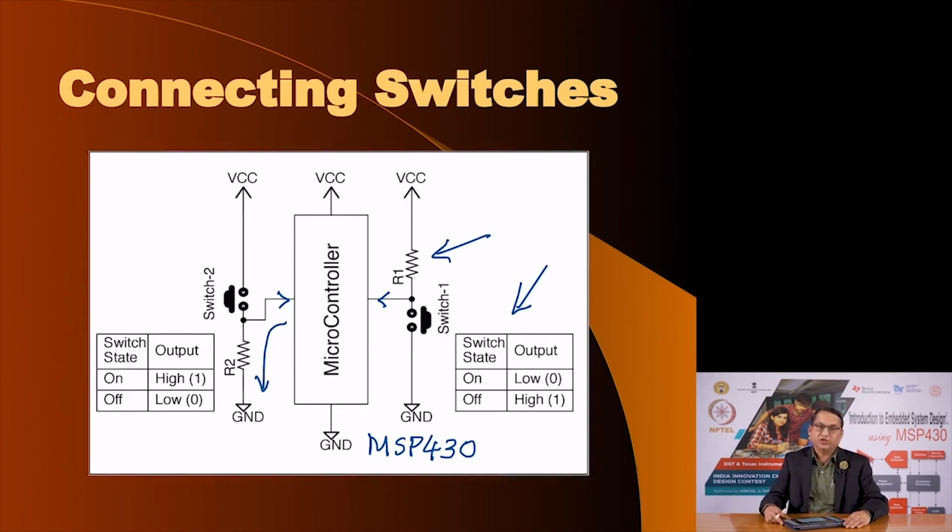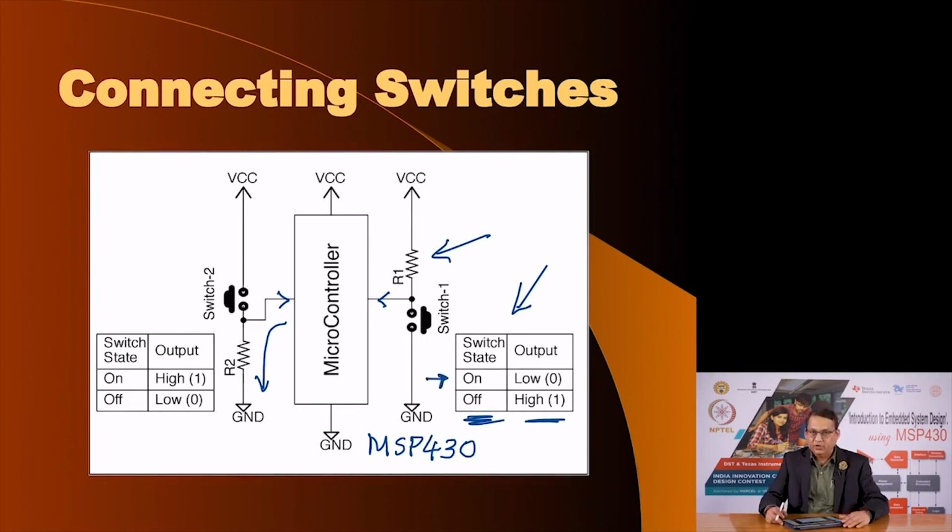If you consider both these options on the right side, when the switch is not pressed, the resistor R1 pulls up the input voltage to VCC, and so you get 1. That is, when the switch is off, you get logic 1 here. When I press the switch, that input pin is now connected to ground, and so you get logic 0.